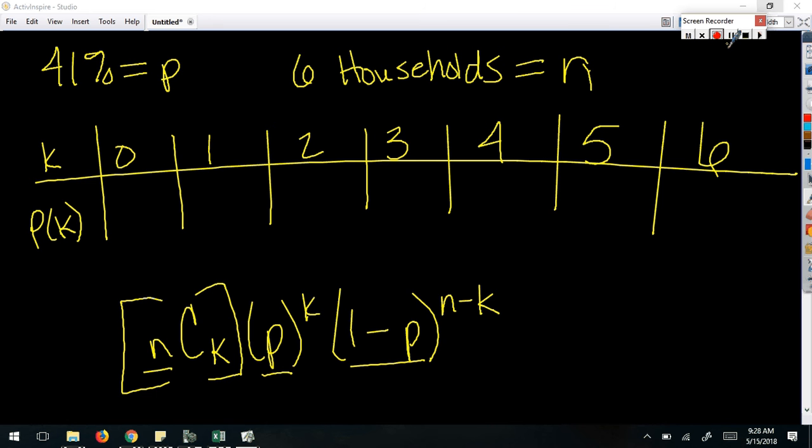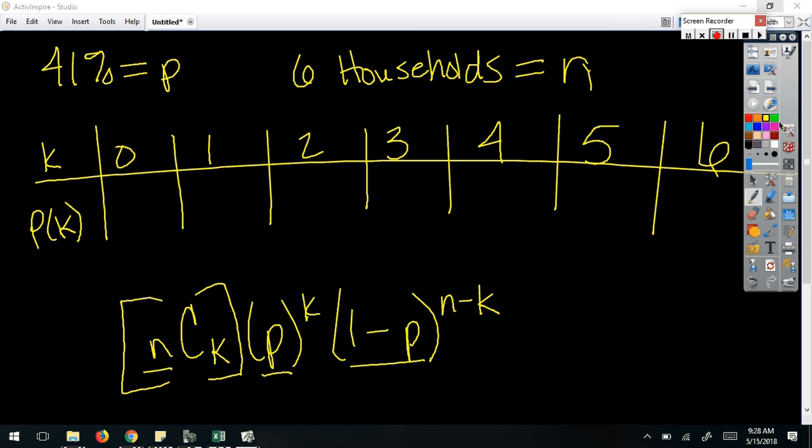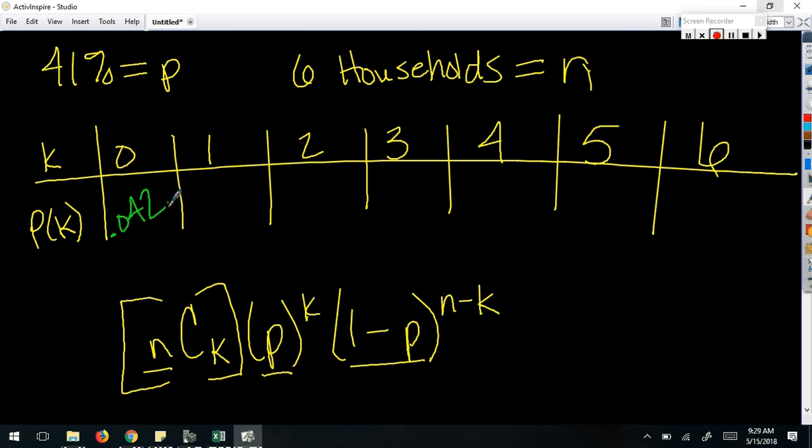What did you get? They got 0.042. We're going to round it off to 3 decimal places. All right, how about 1? What did this row get for 1? I got 0.175. How about 2?